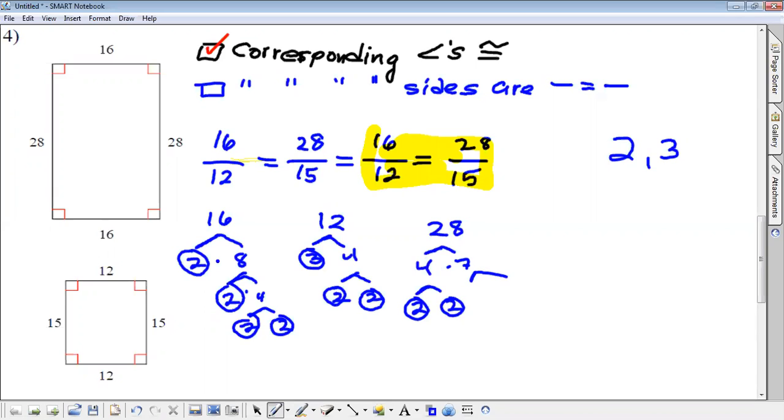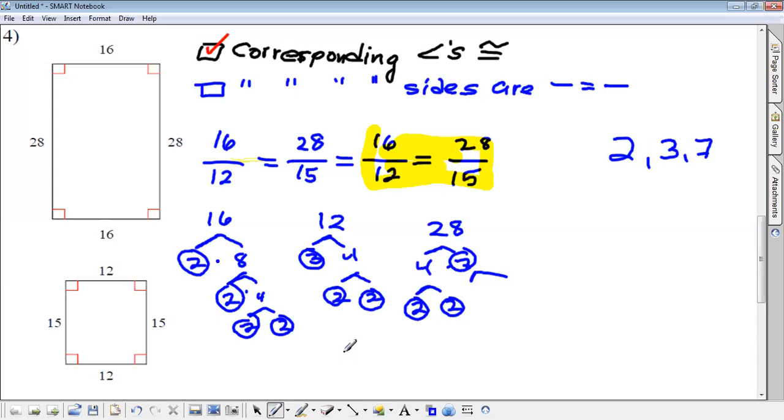Factor of 7, can I use 1 or 7? No, it cannot be done, so it's prime. So now you should know 2 is prime, 3 is prime, and 7 is prime.